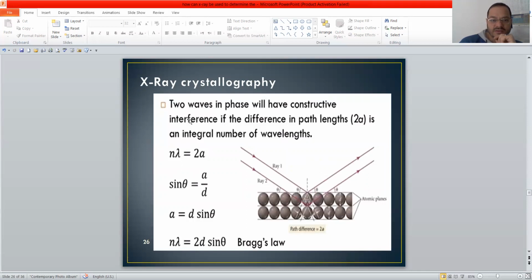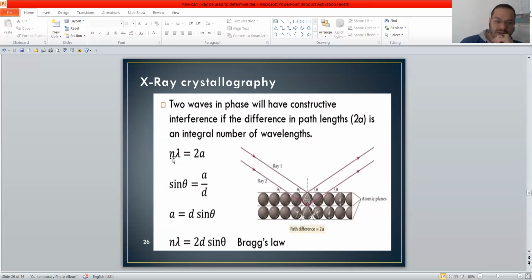Two waves in phase will have constructive interference. The difference in path lengths, 2a, is an integral number n, like 1, 2, of wavelengths.